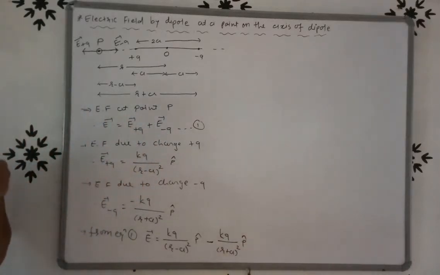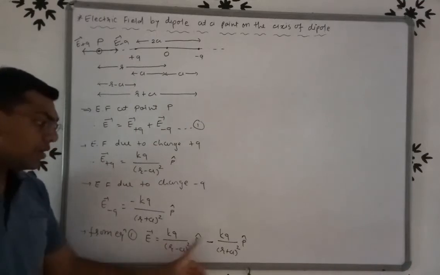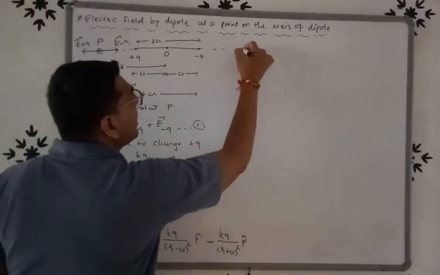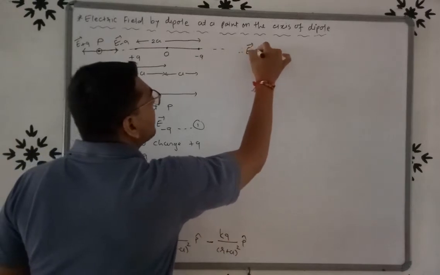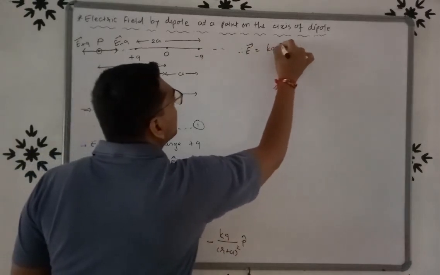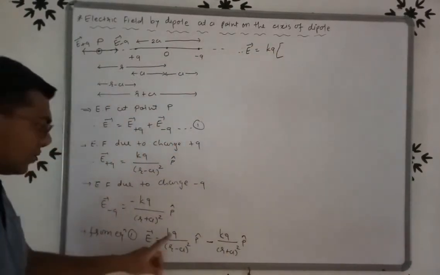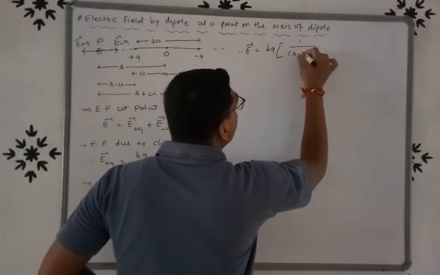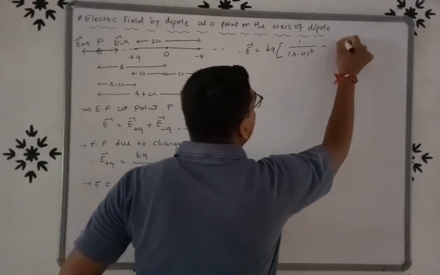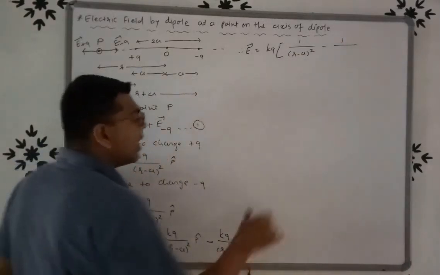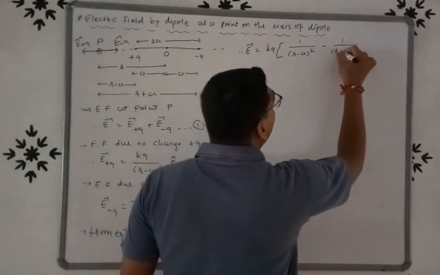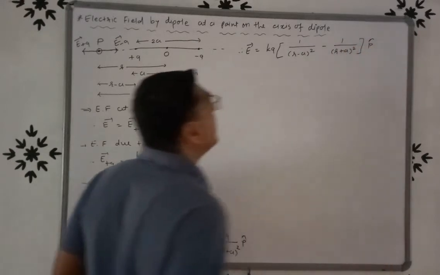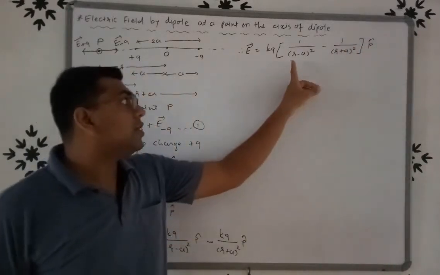Right. Now here friends, see kQ is common. So we can write that vector E is equal to kQ common, and the remaining terms are 1 upon r minus a whole square minus 1 upon r plus a whole square into P cap. Now here we know the formula.